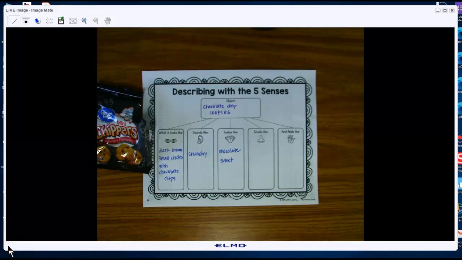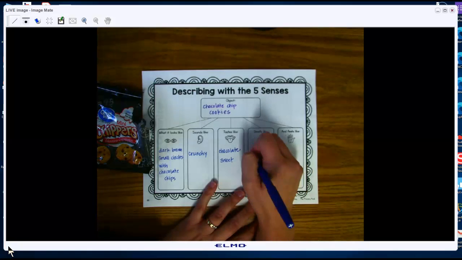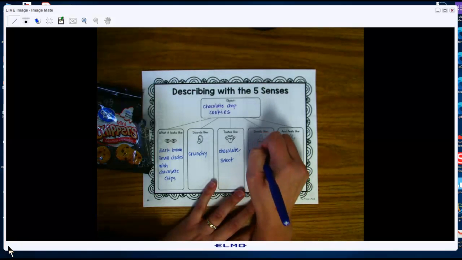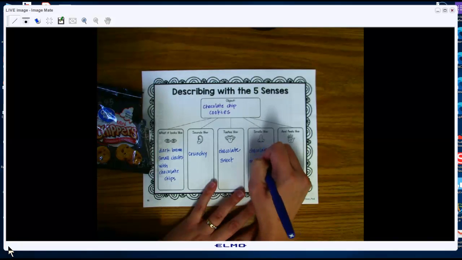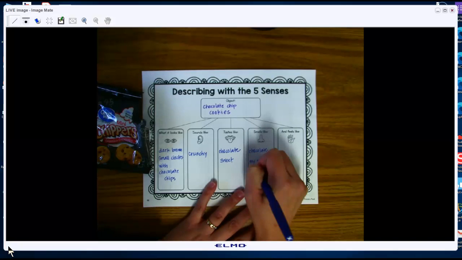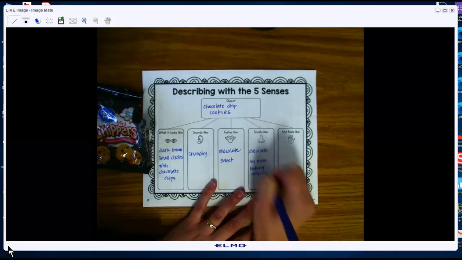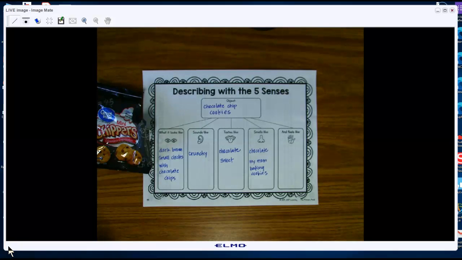It's sweet. Chocolate and sweet is what I taste. Okay, smells. What do you smell? When you smell that bag full of cookies, what do you smell, Gracie? Chocolate. That's all I can smell. I thought it smelled like my mom baking cookies. I can still smell the cookies when there's no cookies. Okay, what about feels like?